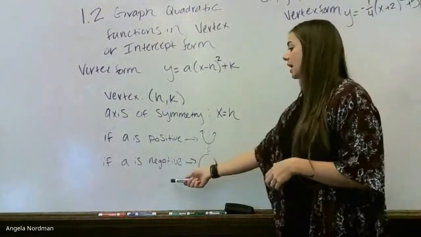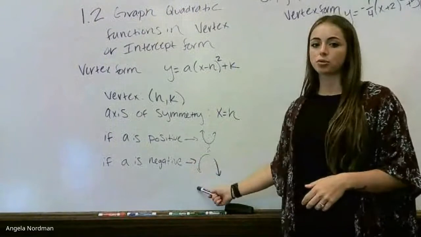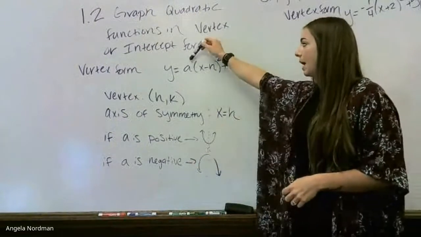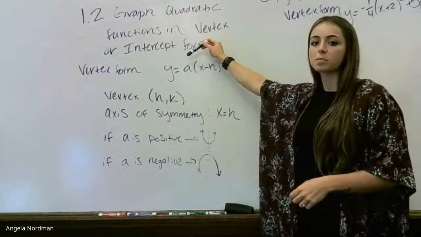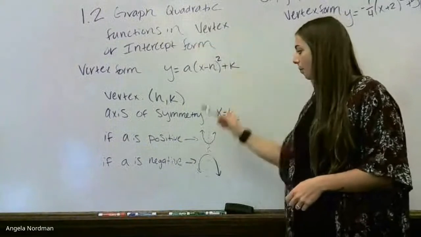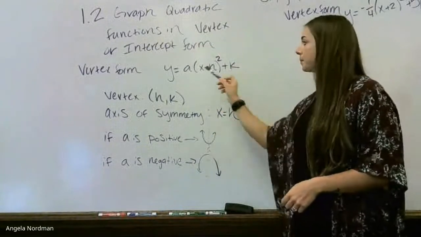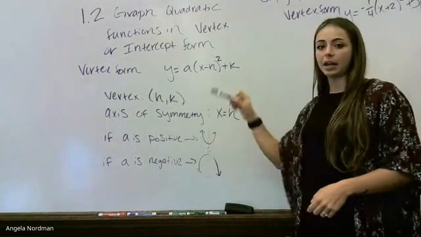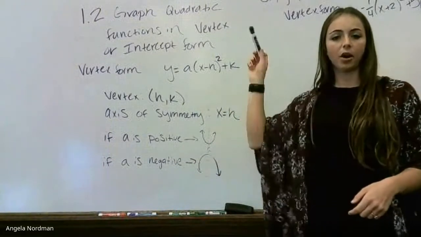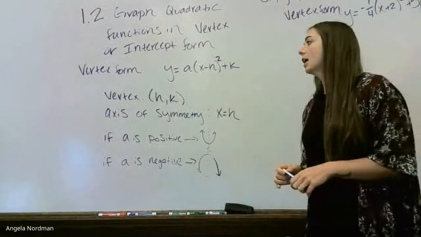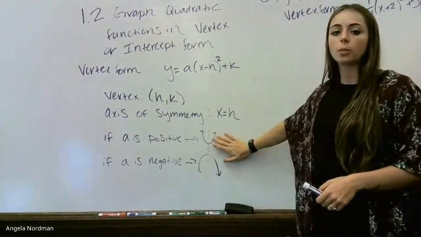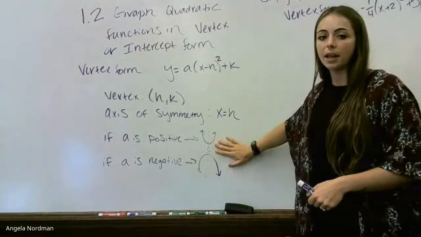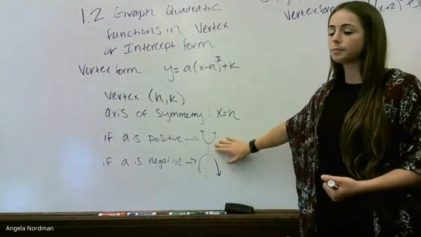We talked about this last time and these two things are still true. If my a, or my number way out in front here, is positive, it opens up like a U shape. If my a is negative, it opens down like a hill, I guess I would call that. Those two things are true of the last section we talked about as well.